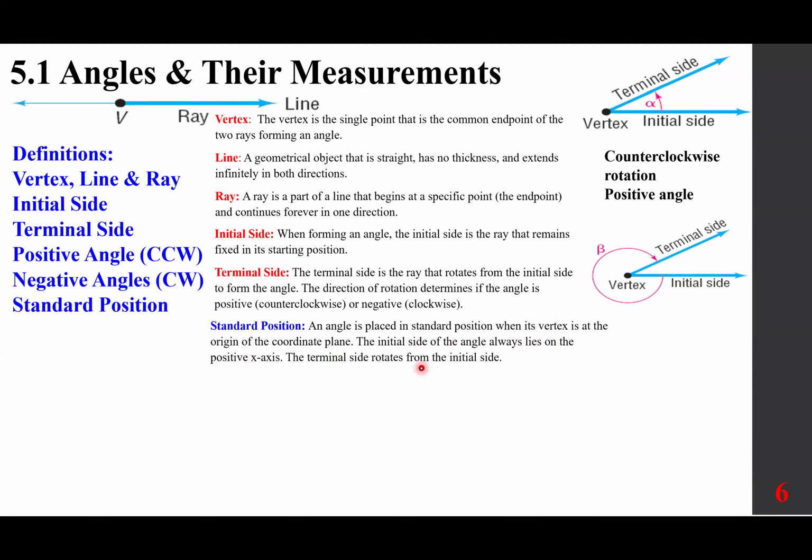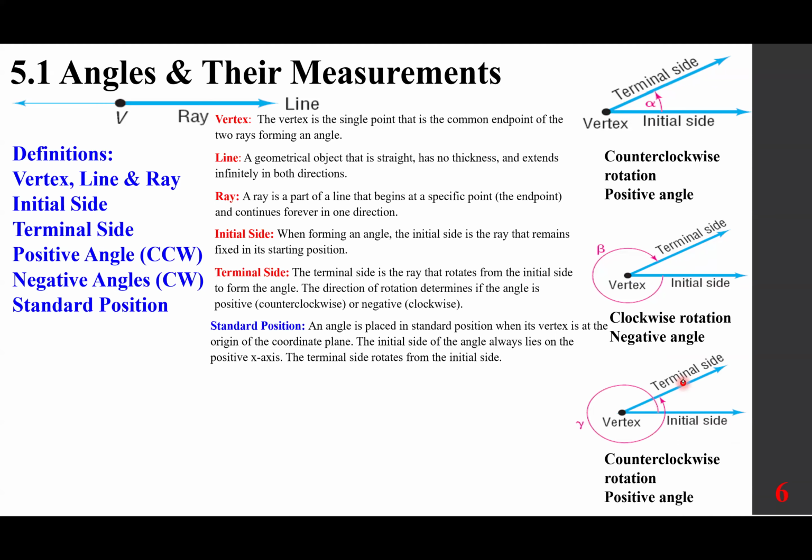Again, we have the initial side, we have the terminal side, and this one is obviously clockwise and therefore negative. This one is counterclockwise and positive. And notice we've gone more than a complete revolution.